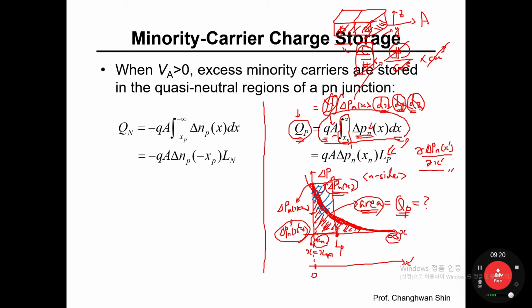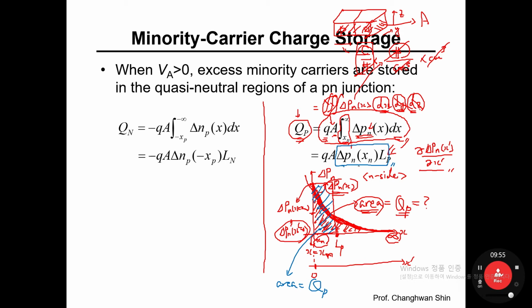This total area, the blue colored area, is identical to the total charge coming from the holes stored in the n-side quasi-neutral region. This alternative derivation for the minority carrier or hole charge stored in the n-side quasi-neutral region has been well explained in the previous movie clip, so go back to there.